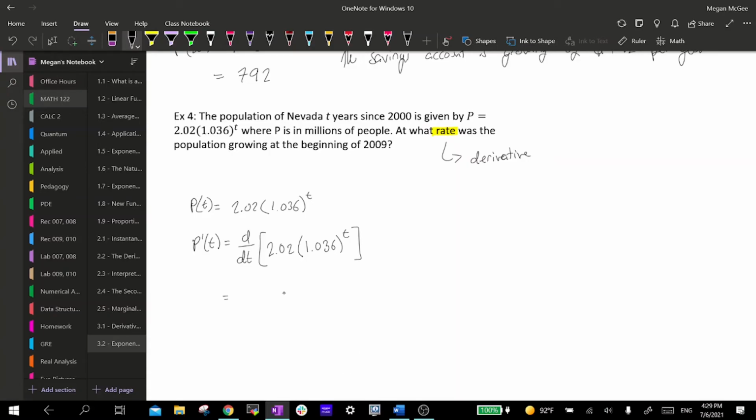So the first thing we can do is use our constant multiple rule and pull out our 2.02. So then we just have that times the derivative, not with respect to x, with respect to t, I apologize, times the derivative of 1.036 to the t.